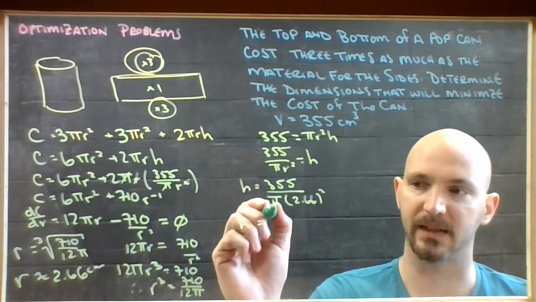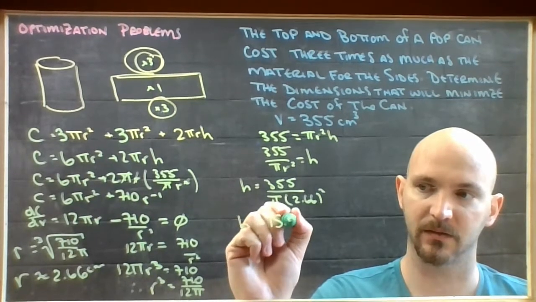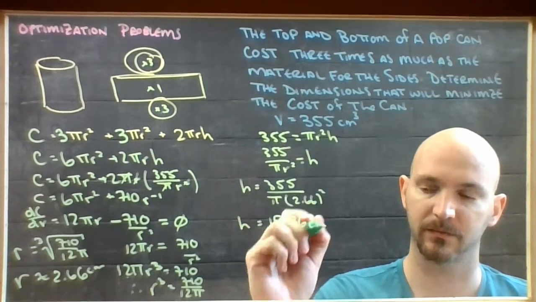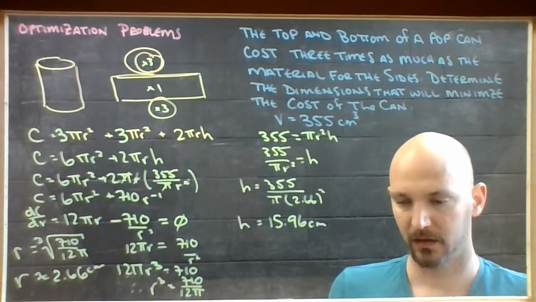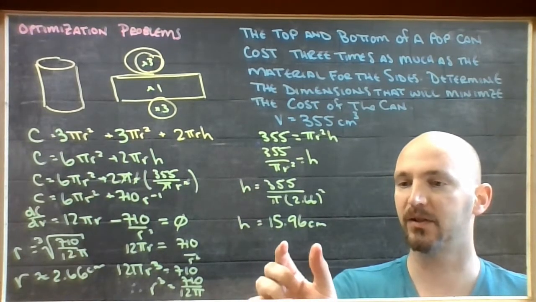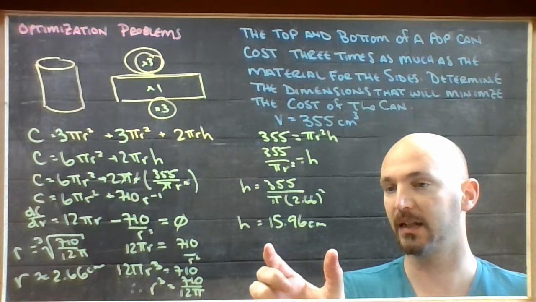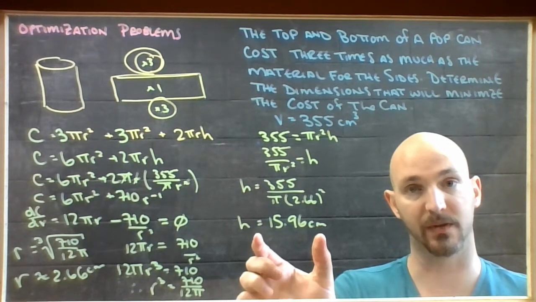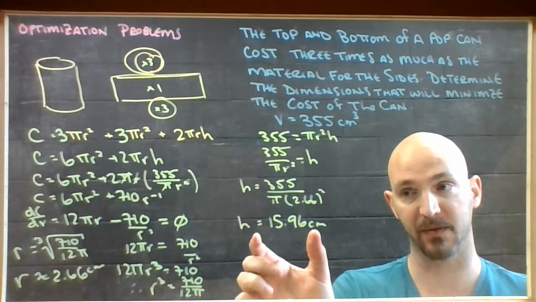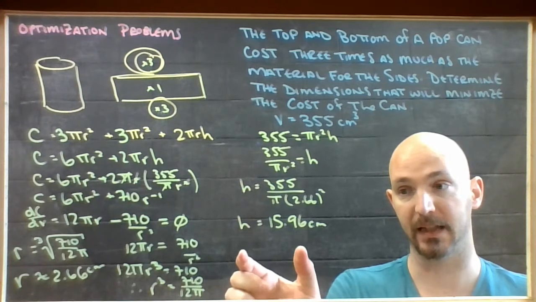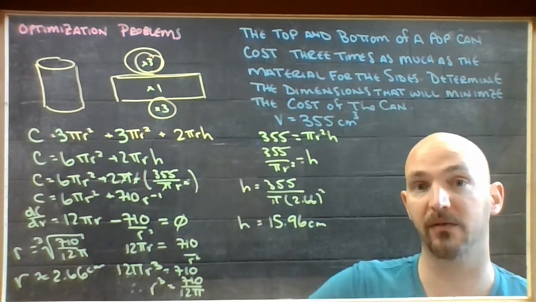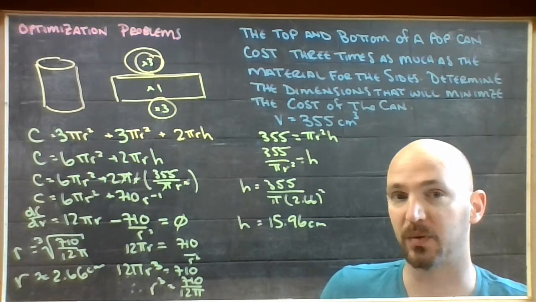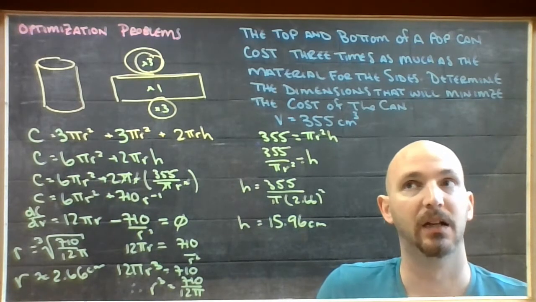Gives me 15.96 centimeters. Okay. So if the radius is 2.66 centimeters, then the actual diameter would be about 5 centimeters, which is about this. And then the height of it would be 16 centimeters, which is about this. That's getting awfully close to the actual proportions of a pop can.